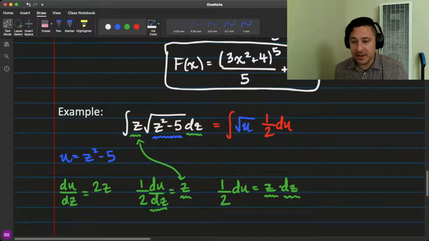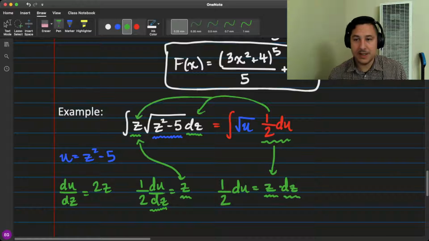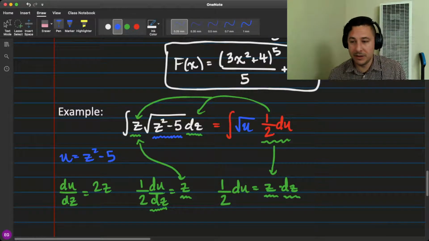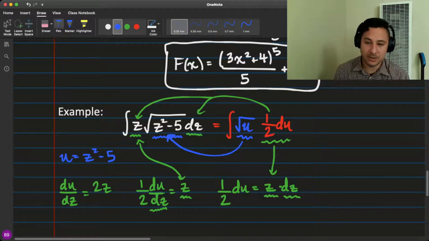Everything is accounted for. This 1/2 du came from z dz over here, and this square root of u came from that part. Notice everything has been completely changed.